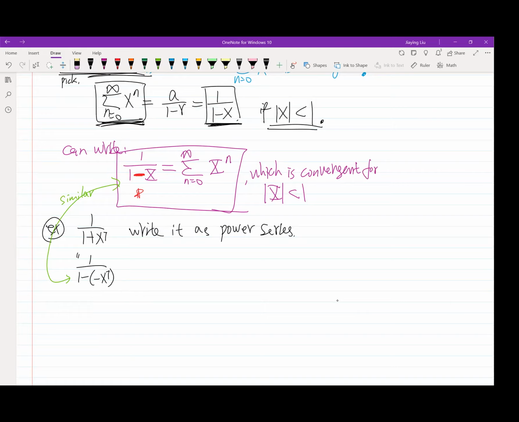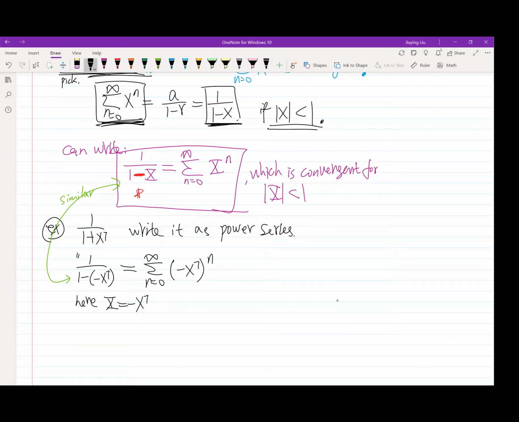So this rational function I can write as the sum from n equals 0 to infinity. In the boxed one, I have capital X to the n, but now capital X is negative x to the 7, so I get negative x to the 7 to the n.